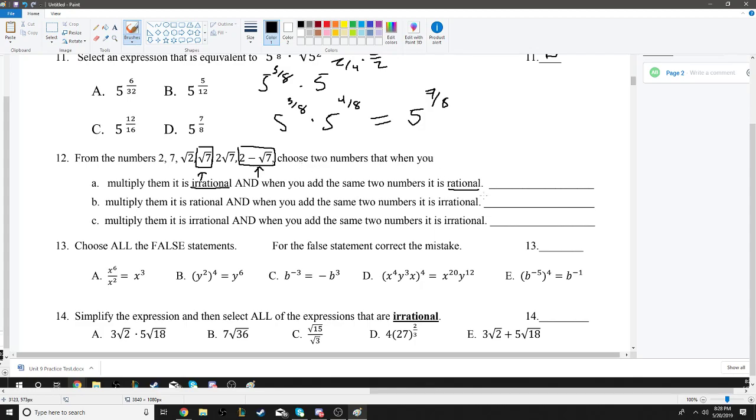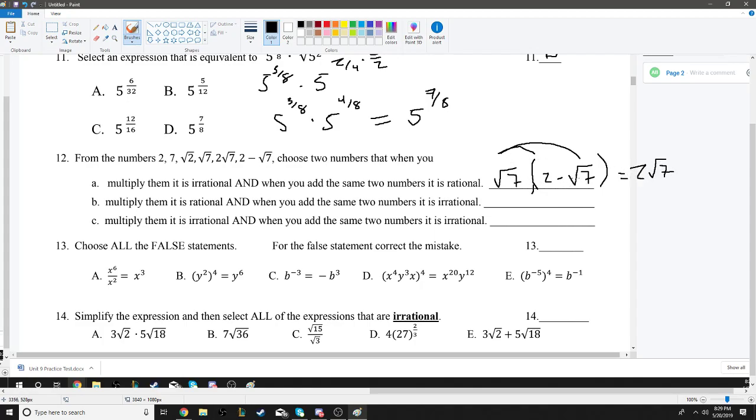Okay. So this first answer, we're going to use √7 and 2 minus √7. Okay, so just to show you guys, if you multiply them out, √7 times 2, that's 2 √7.